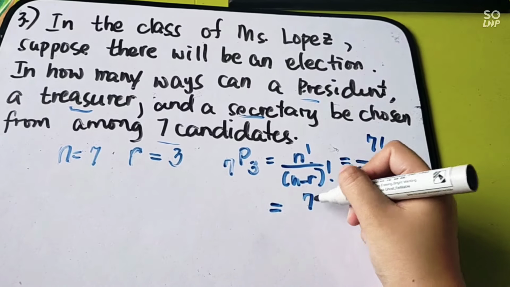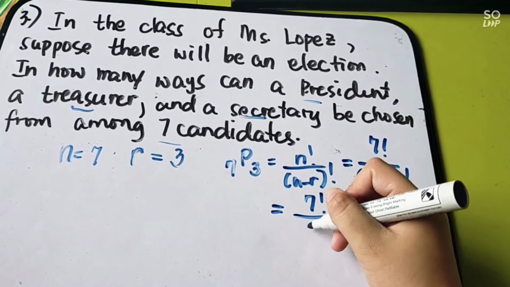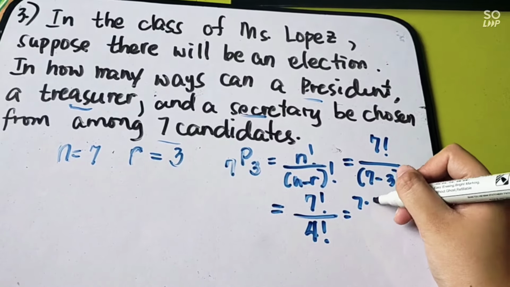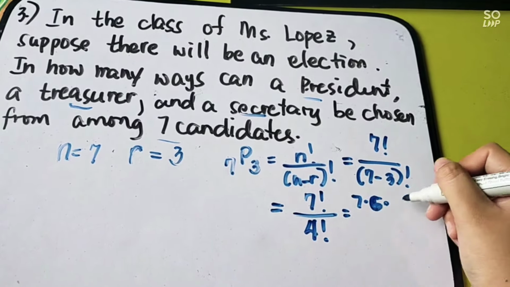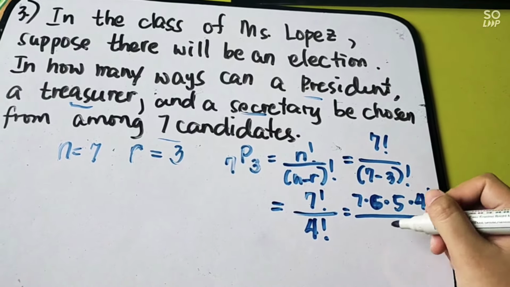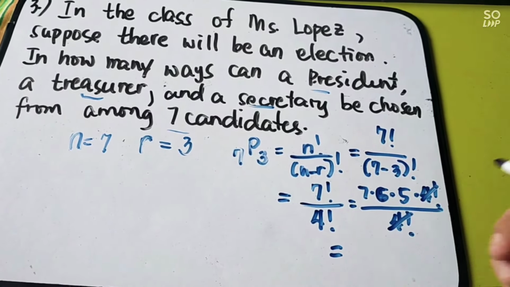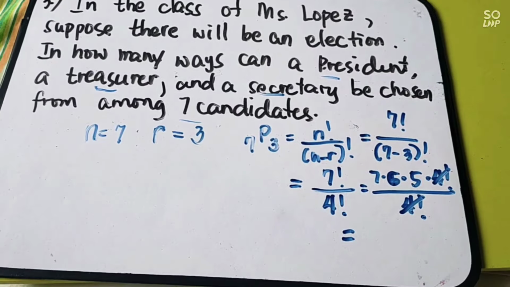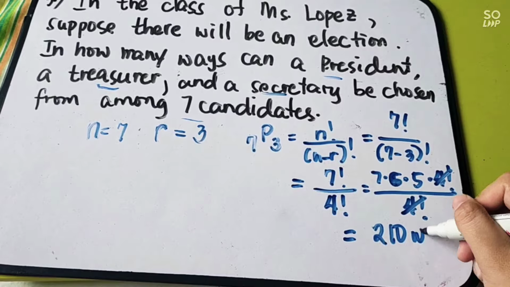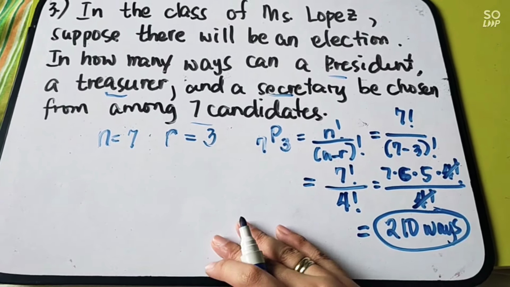So, it is equal to 7 factorial over 4 factorial, which is 7 times 6 times 5 times 4 factorial. Pwede ka na mag-stop doon. Then, copy here, 4 factorial. Cancel, cancel. So, we have 7 times 6 times 5. The answer here is 210 ways. Ayan, 210 ways sila po pwede.